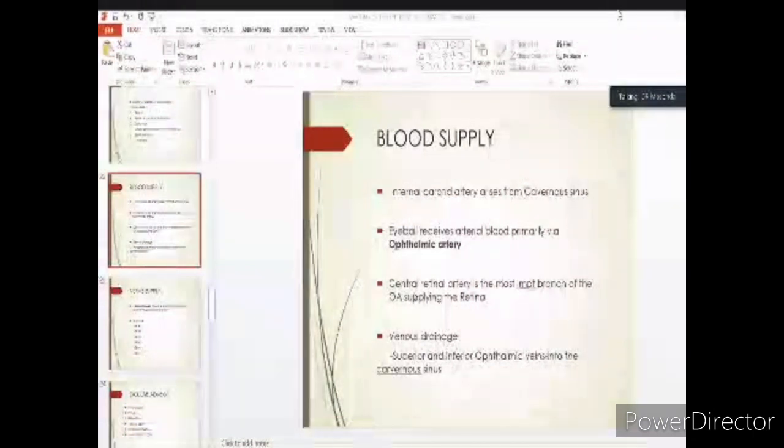Yeah. The venous supply, sorry. Waluli, do something. Venous.